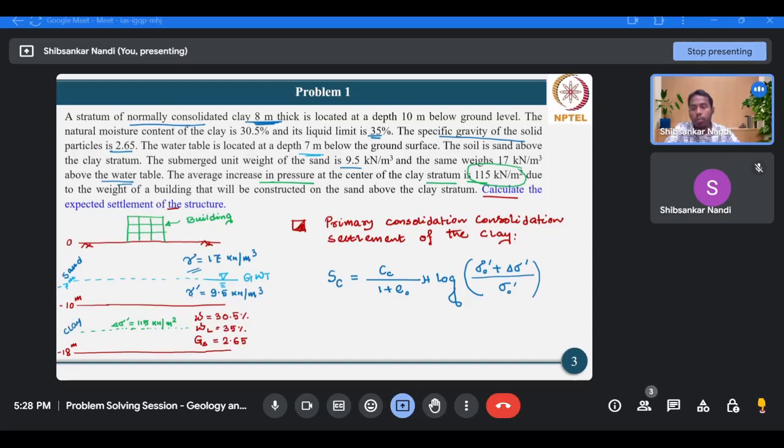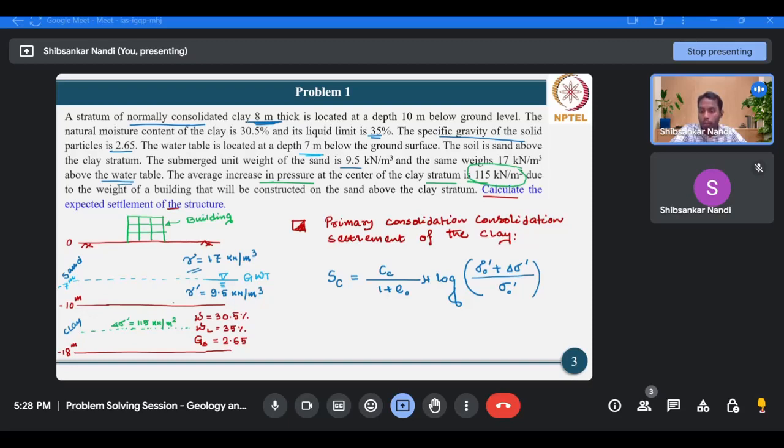That means we have to use the submerged unit weight for the calculation of initial effective overburden pressure. So the initial effective overburden pressure is simply the effective unit weight multiplied by the corresponding thickness of the soil.